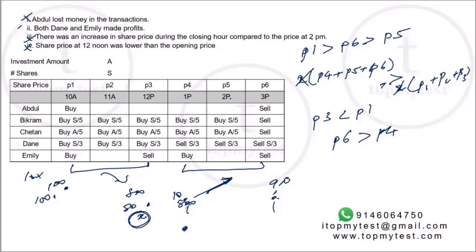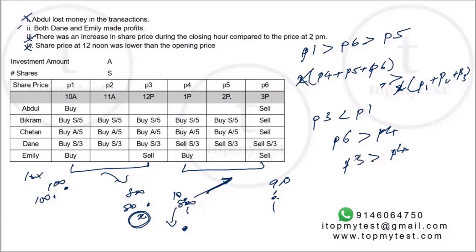For this transaction to make a profit, this price has to be lower so that you can recover the money which you lost over here. Only possible if P4 is lesser than P3. Right? This part is also taken care of.